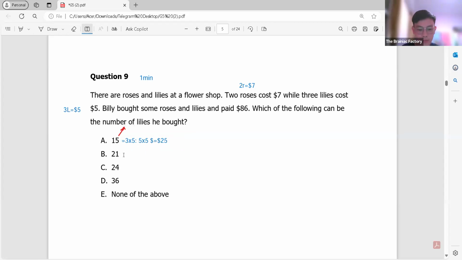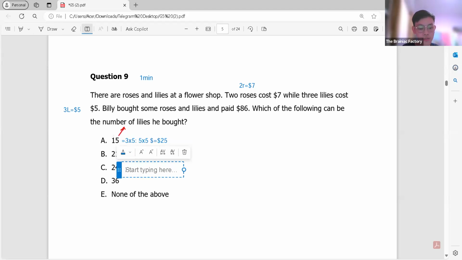Okay, so let's consider all of the answers and eliminate them. This is 21, which is 3 times 7, so the price is going to be 7 times 5, equal to $35.